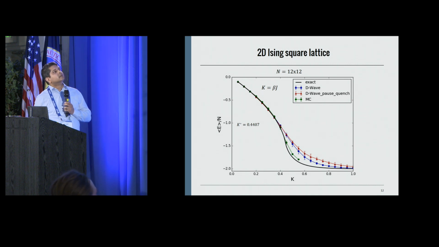I'm not sure why this is happening. We tried one more, a different annealing schedule where we pause and then quickly quench. That's the red curve. We were thinking maybe that would improve it and bring it closer, but it didn't happen, and we are still trying to see what is actually occurring there. Now, the green line is the Monte Carlo simulation.